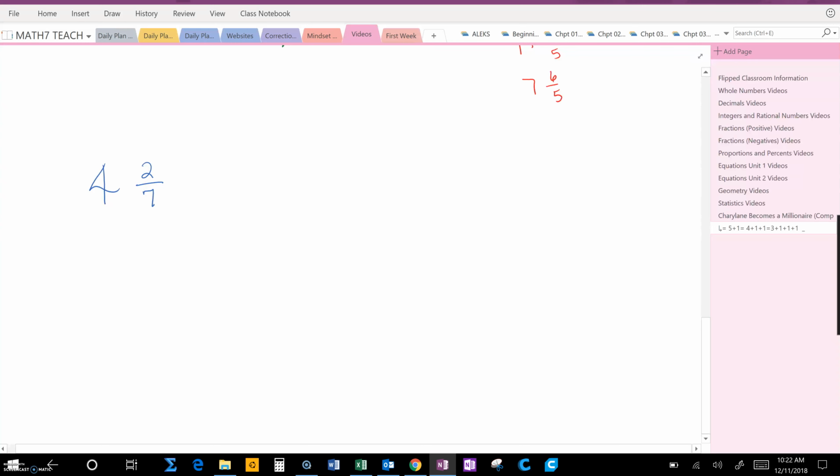Okay, so 4 and 2/7 is the same as 4 plus 2/7, which is the same as 3 plus 1 plus 2/7, which is the same as 3 plus, I want you to put a fraction in the place of 1, plus 2/7. Then I want you to add those two fractions together and then tell me what we get when we regroup. So pause the video and give that a try.